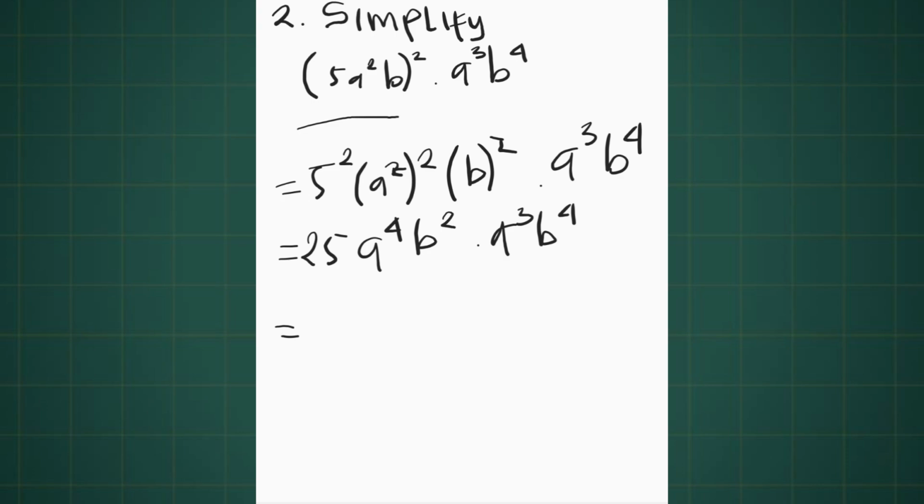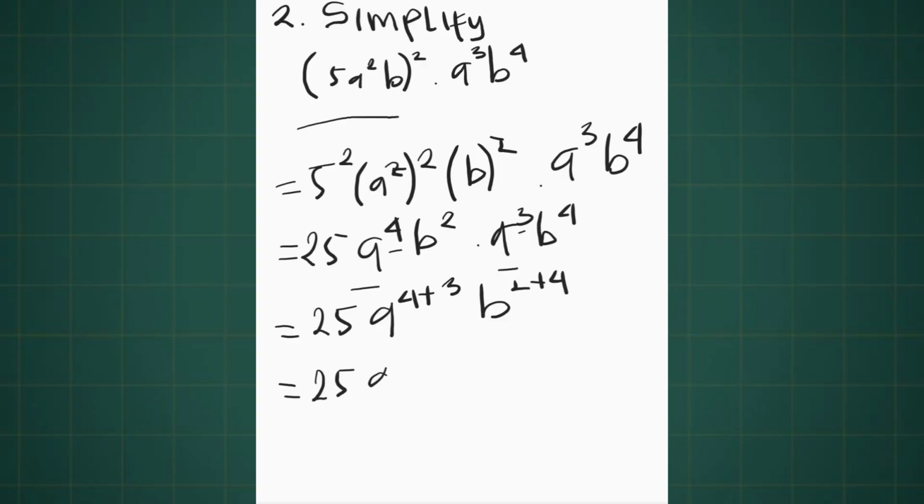So 25, the same base a, the same base, we add the exponent. So 4 plus 3, b to the power of 2 plus 4, and then we get the result, which is 25 a to the power of 7 b to the power of 6.